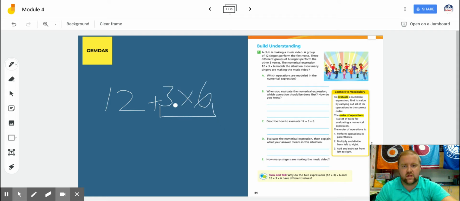So 3 times 6 would be 18. So when it says to describe how it's evaluated, you would say first you do 3 times 6 is 18, and then you're going to add 12 plus 18, which is going to give you 30 as your answer. So we evaluated, we got 30, and that means that 30 singers will be making the music video there.